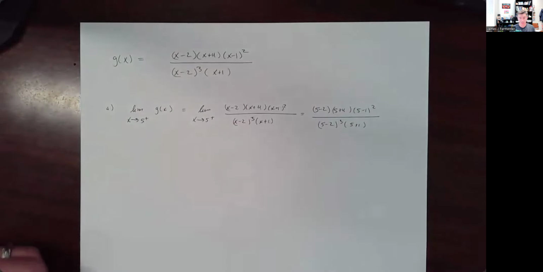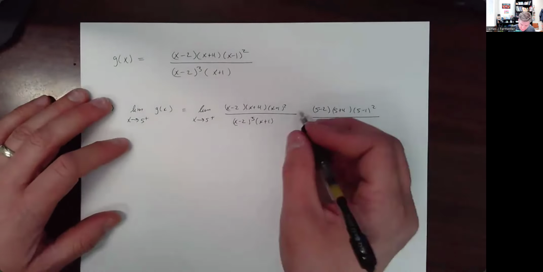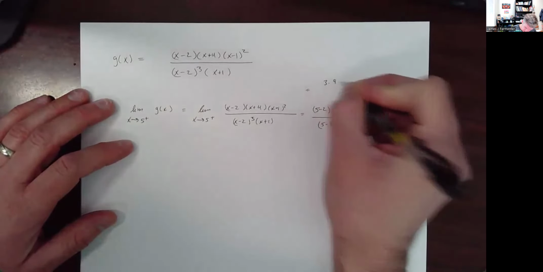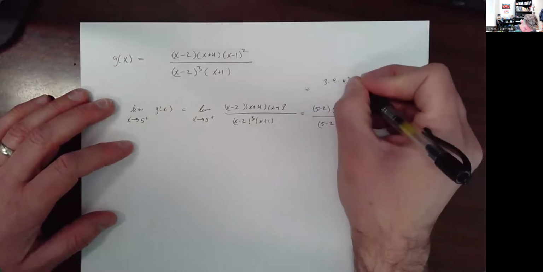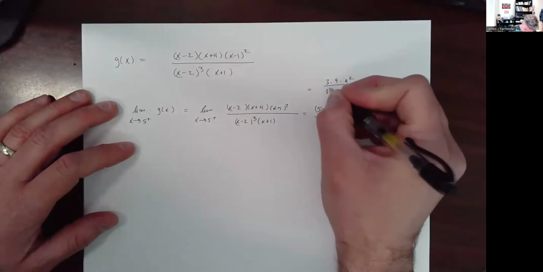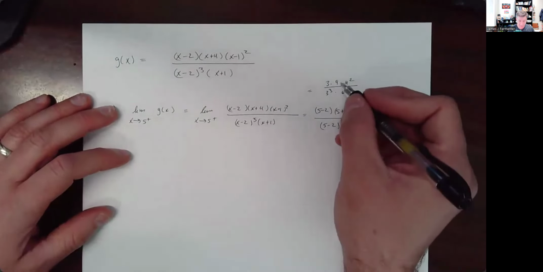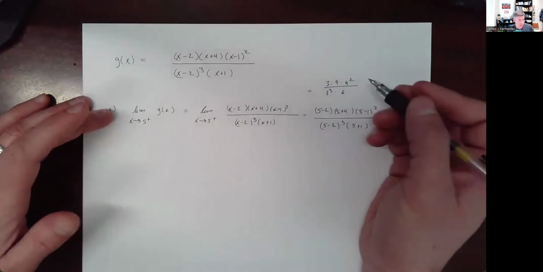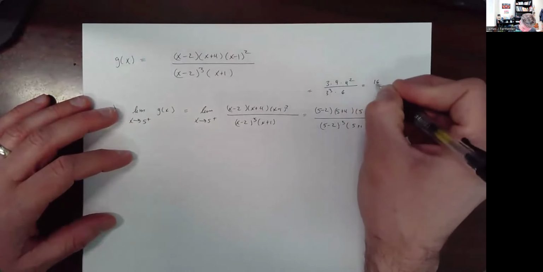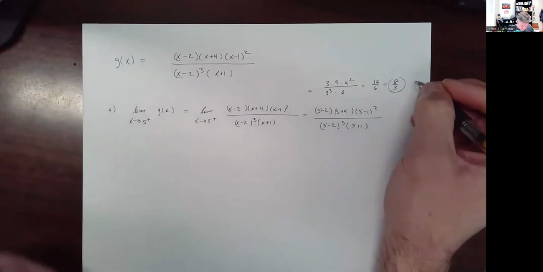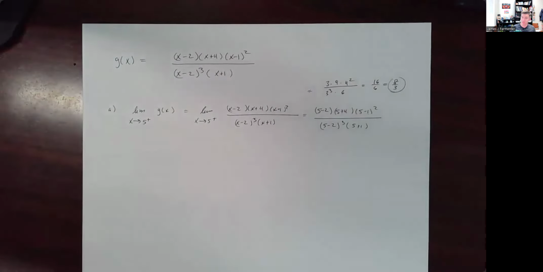If I was running short on time, I might not simplify this. I probably would have started off by writing this as 3 times 9 times 4 squared over 3 cubed times 6. And I happen to get lucky here. 3 times 9 is 27. 3 cubed is 27. Those divide. And I'm left with just 16 over 6, which is just 8 over 3. And that's it. If you plug in what x is approaching, 5 in this case, you can get a real number answer.